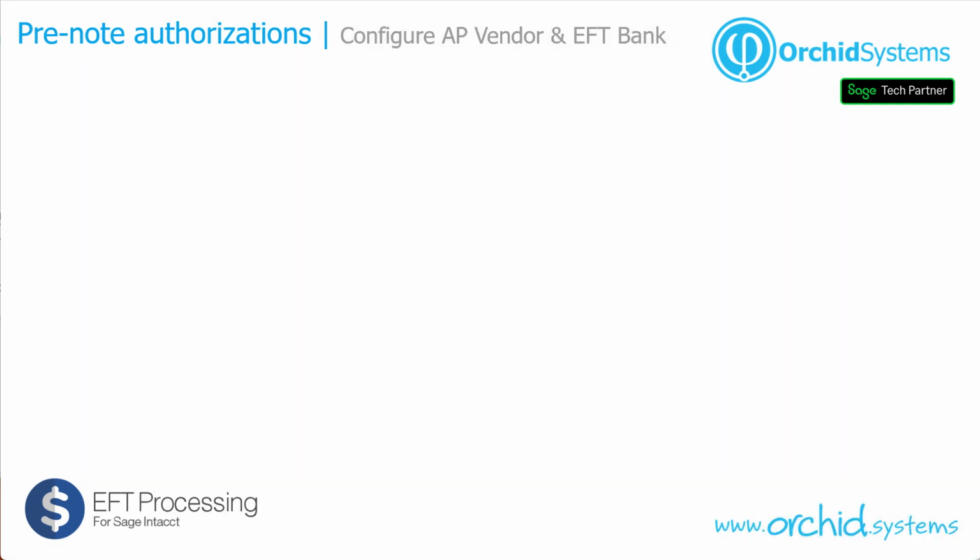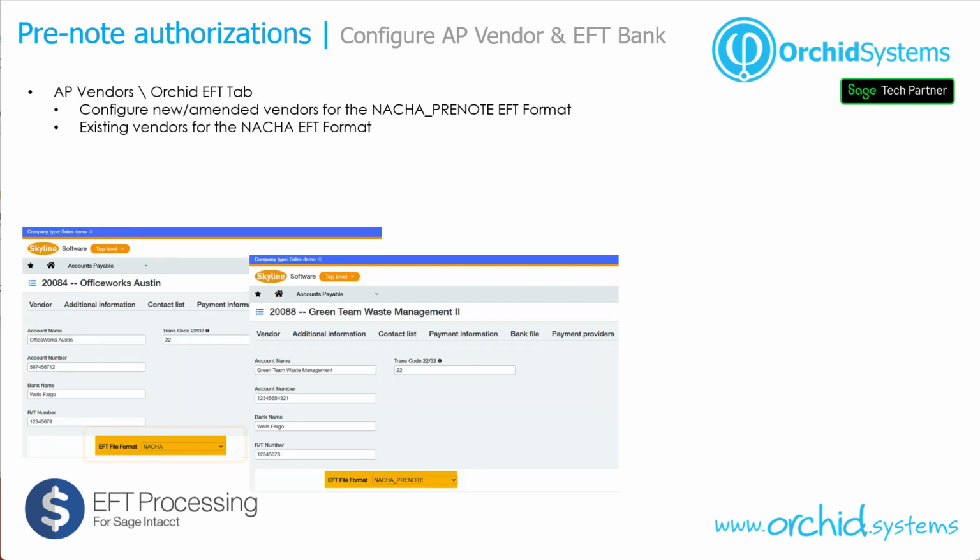In order to work with the NACHA and NACHA Pre-Note, on the AP vendor, you would configure those vendors that you want to do a normal payment. So these are existing vendors that you've done pre-notes for before. They would be configured for the NACHA EFT file format. And then for the new and amended AP vendors, you would configure them for the NACHA Pre-Note.